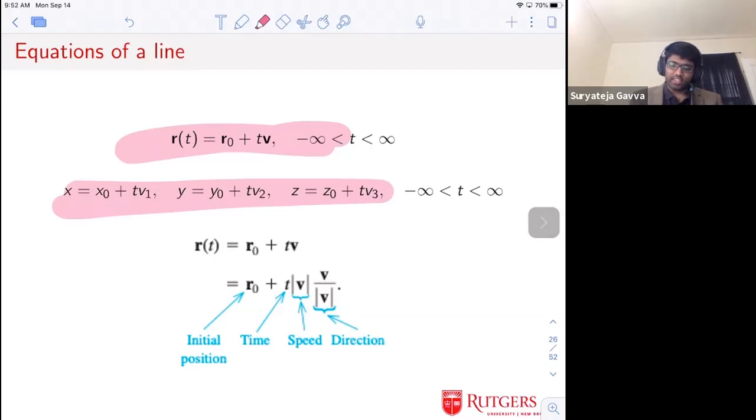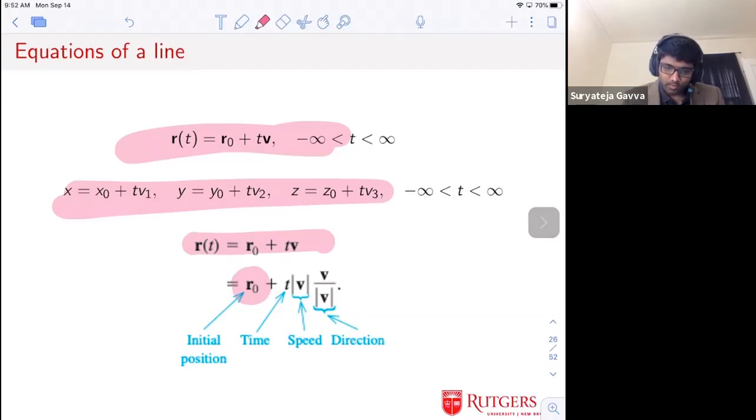As I said, in the vector form, you can think of R0 as the initial point where you start, T as the time, and V as the velocity.